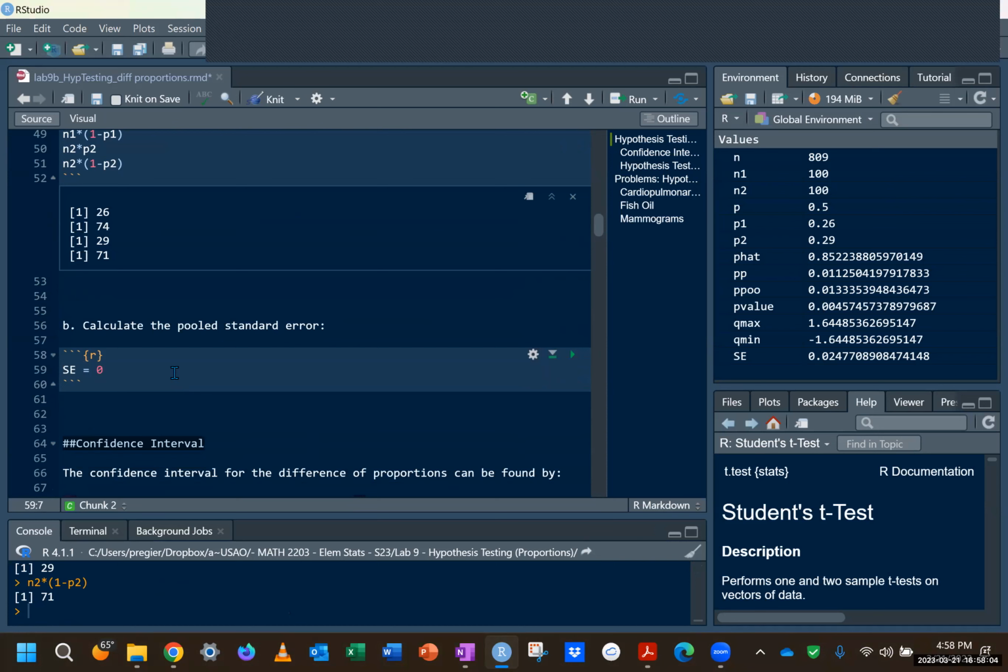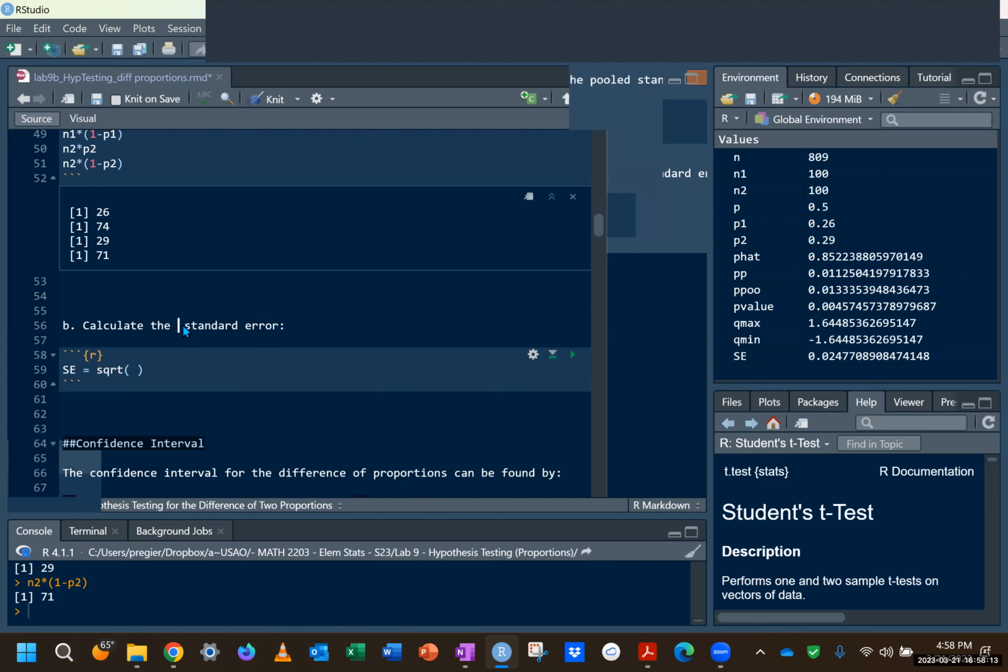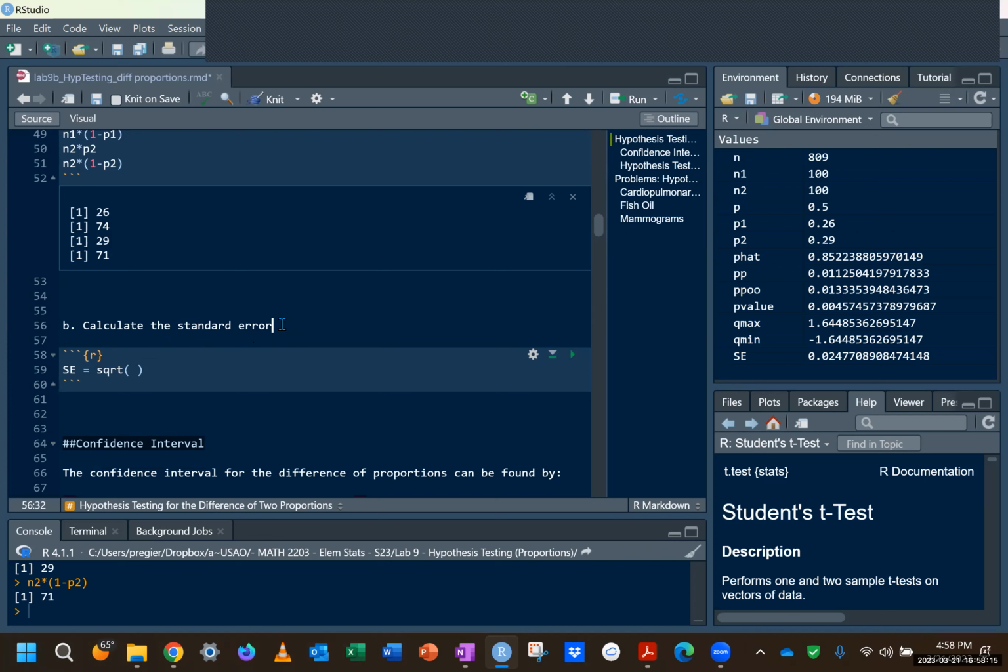So now, let's take the standard error of our sampling distribution. Actually, we don't need to call it the pooled standard error. It's just the standard error of P1 minus P2. So this is actually the variance, P1 times 1 minus P1 divided by N1.